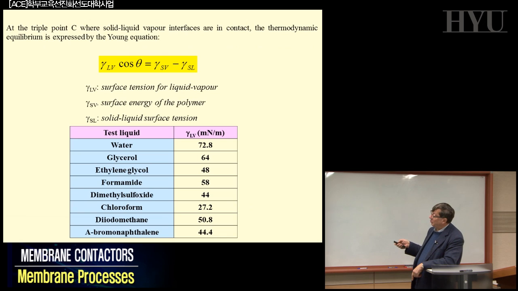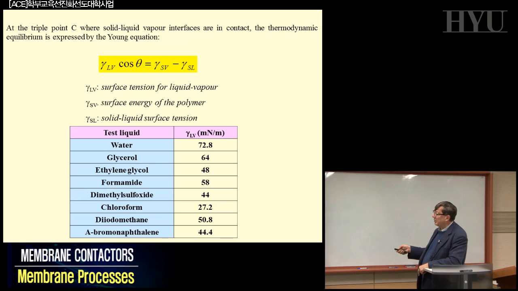The equation that has to be considered is the Young equation, where you have the surface tension for liquid vapor multiplied by the cosine theta, the contact angle that we were just showing before, and this is normally equal to the difference between the surface energy of the polymer minus the solid-liquid surface tension.